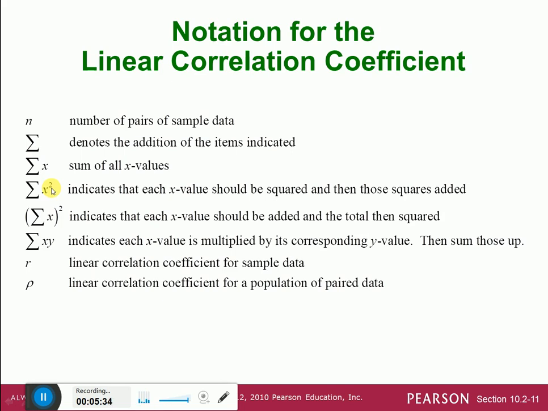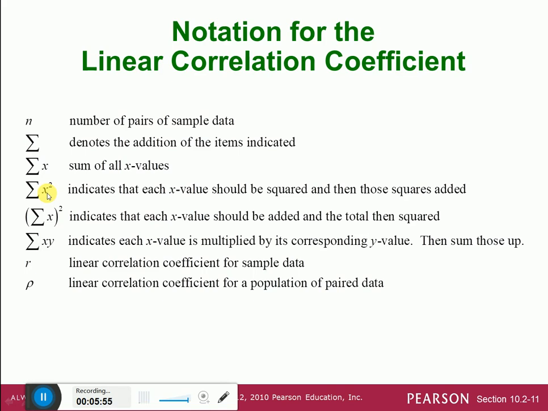And the difference between here and here: this one is when, after summing all the x together, you square the whole thing, right? That's different from this one. This one is you square the individual x and then you sum them.